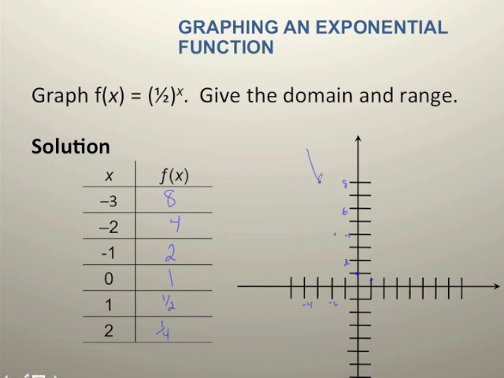So we end up with this decreasing function. The domain is all real numbers, and the range is from 0 to infinity, and that 0 is with a parenthesis because it never really touches the x-axis.